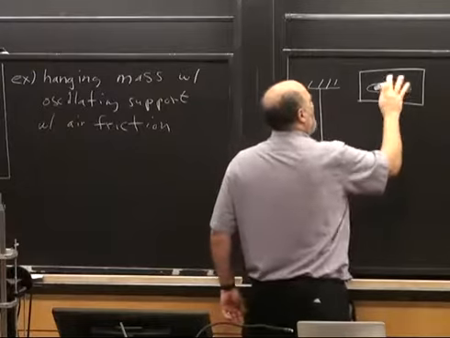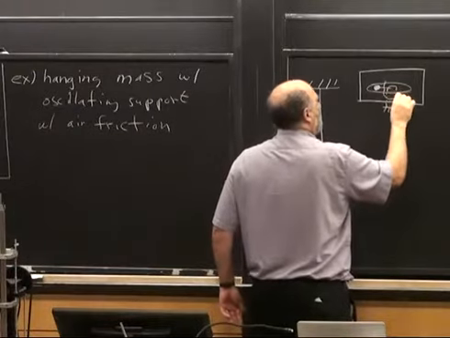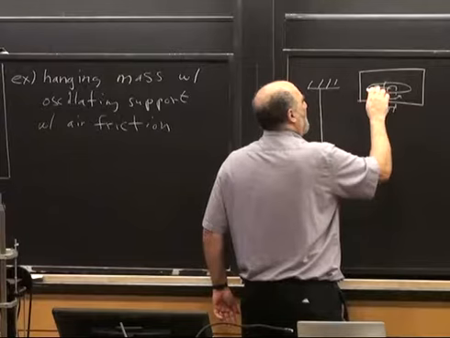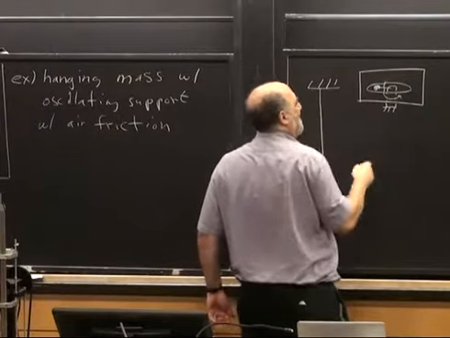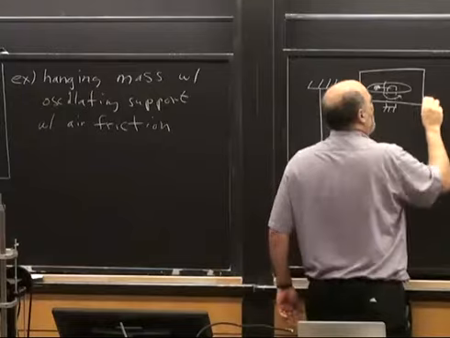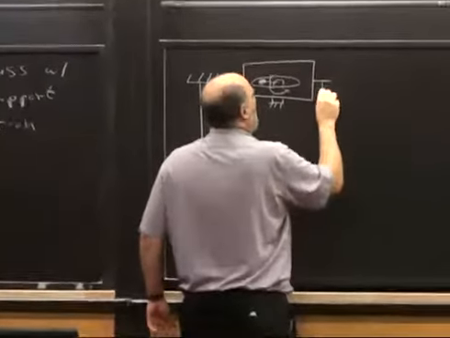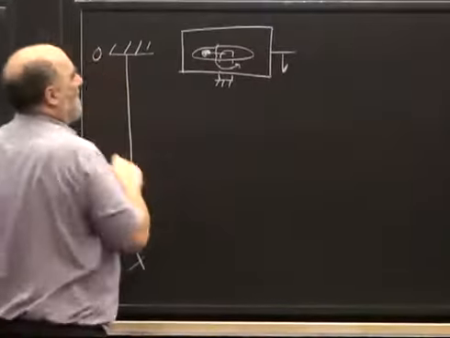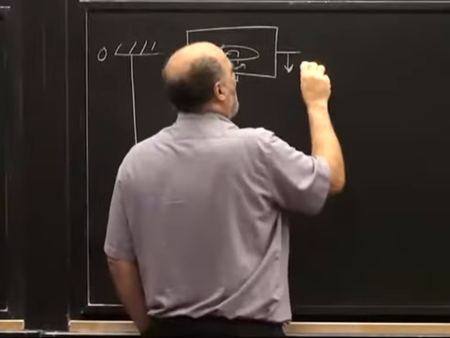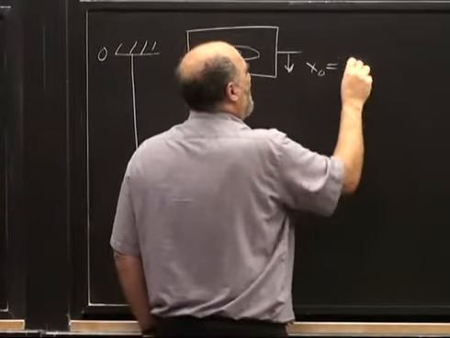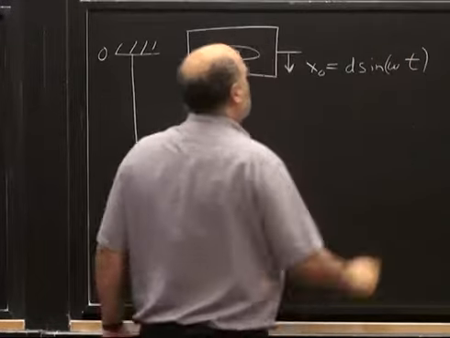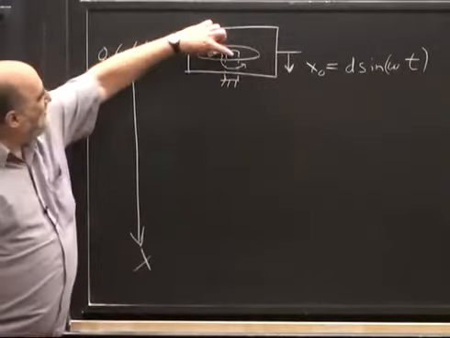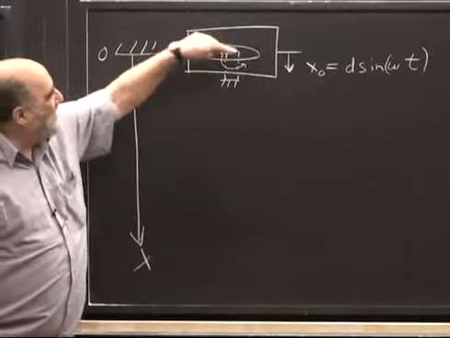The height of this point is the sine of this angle times this length. So this distance that this goes down relative to this point I'm going to call 0, I can call it x0, is going to be d sine omega t. So this little pivot is spinning in circles, sliding in the slot.